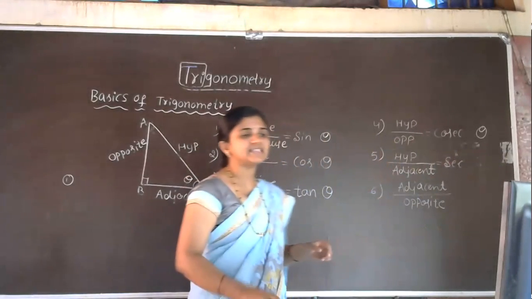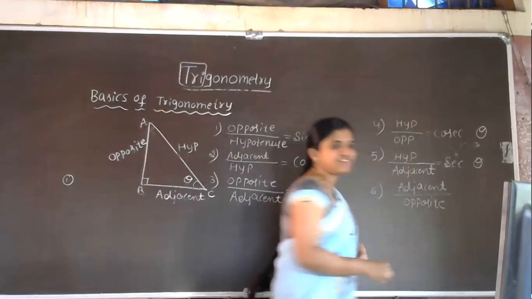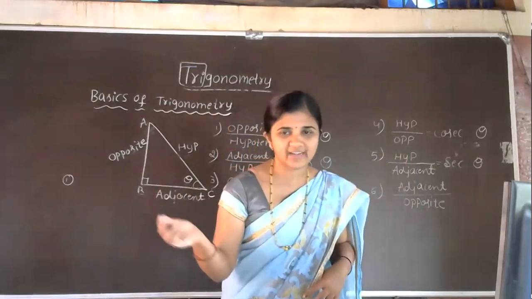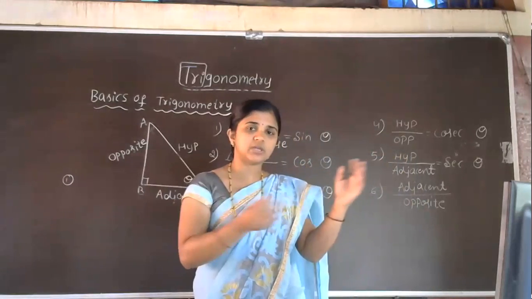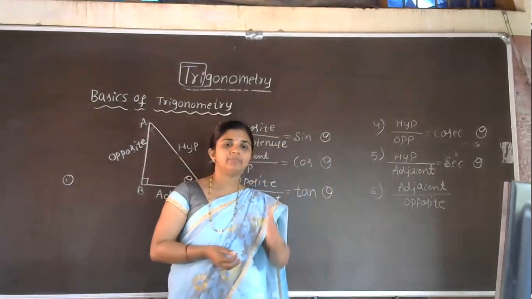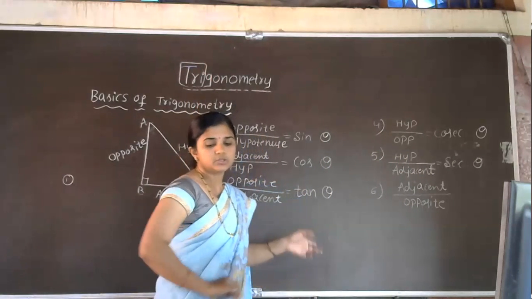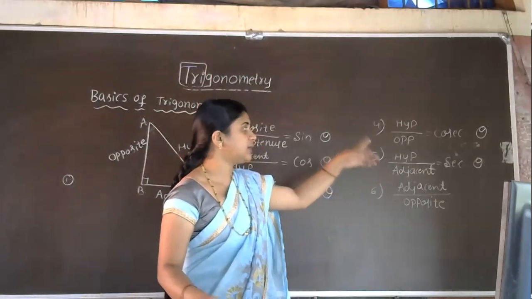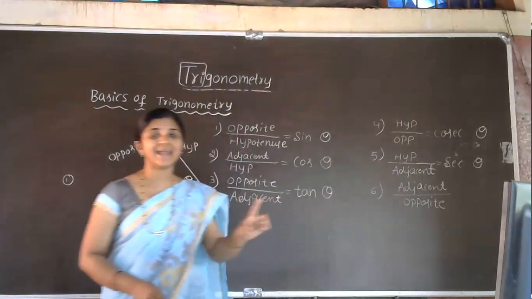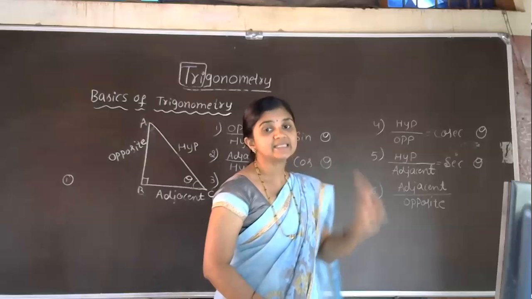We'll read it as sec theta. What do we have to read? Sec theta or secant theta. Also you can read. For the reading purpose, you can use secant, cosecant. But while writing in the problem, you can use this short form only. Okay. So now, the fifth ratio is secant theta. In the short form, we call this sec theta.